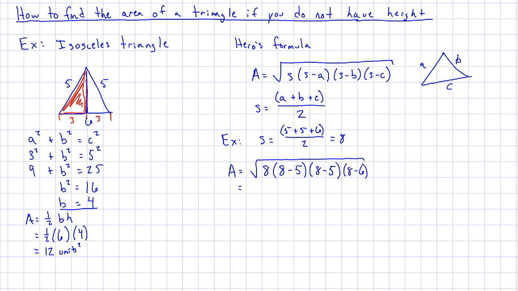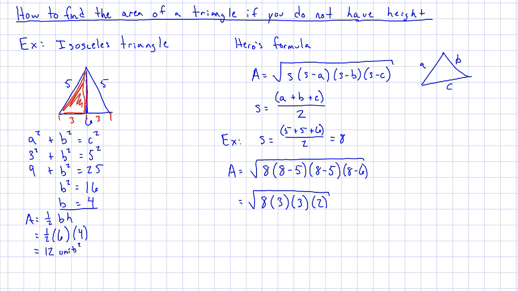Let's clean that up a little bit. And we get the square root of 8 times 3 times 3 times 2. And I made that square root too long. Here we go. All right, and then let's multiply out.